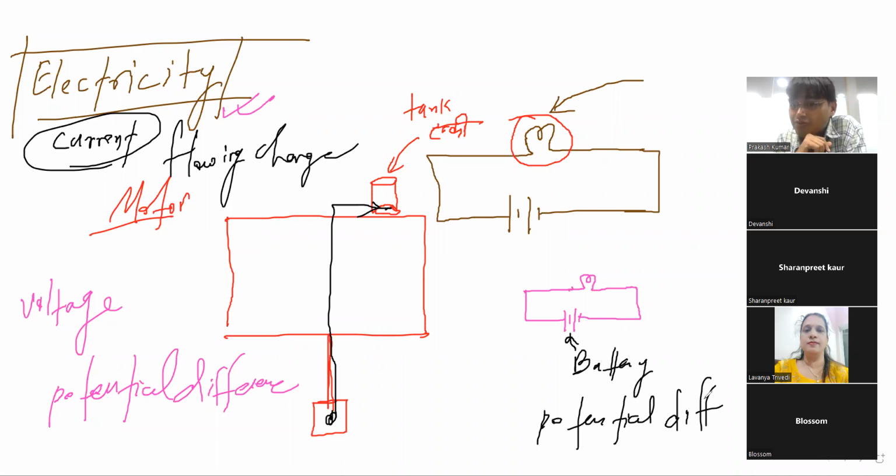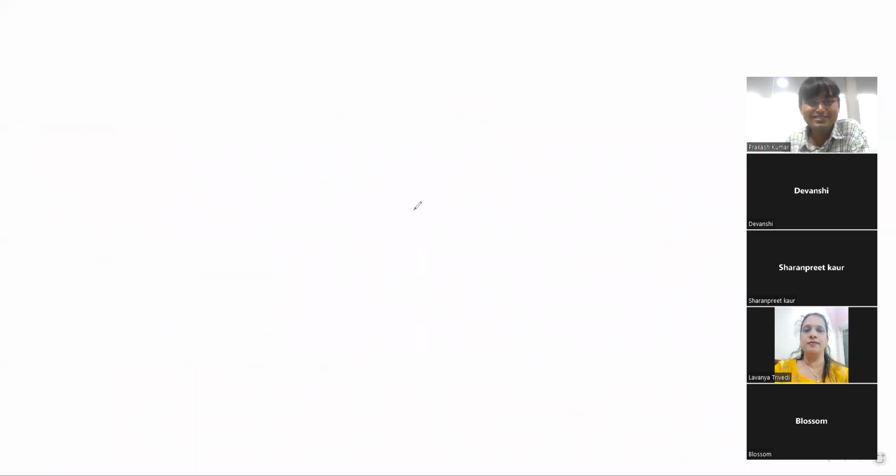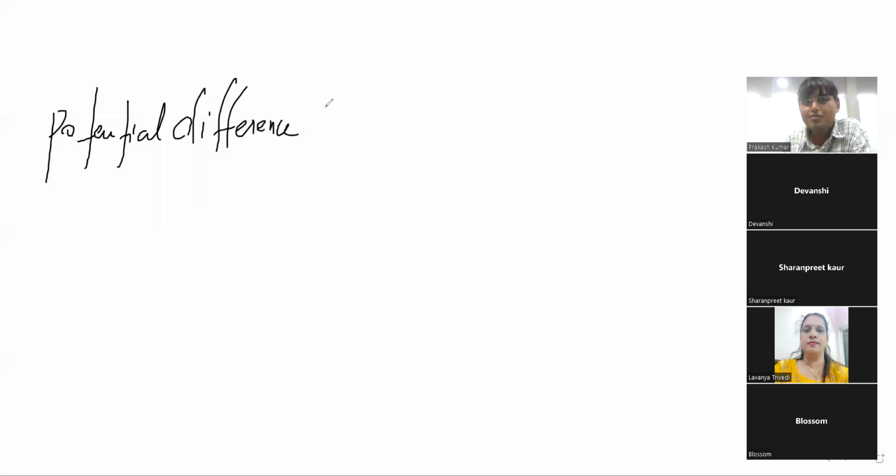Okay. And how is this potential difference coming? Let me explain. All of you have studied the formula, right? Potential difference, denoted by V, equal to I, current, into resistance.